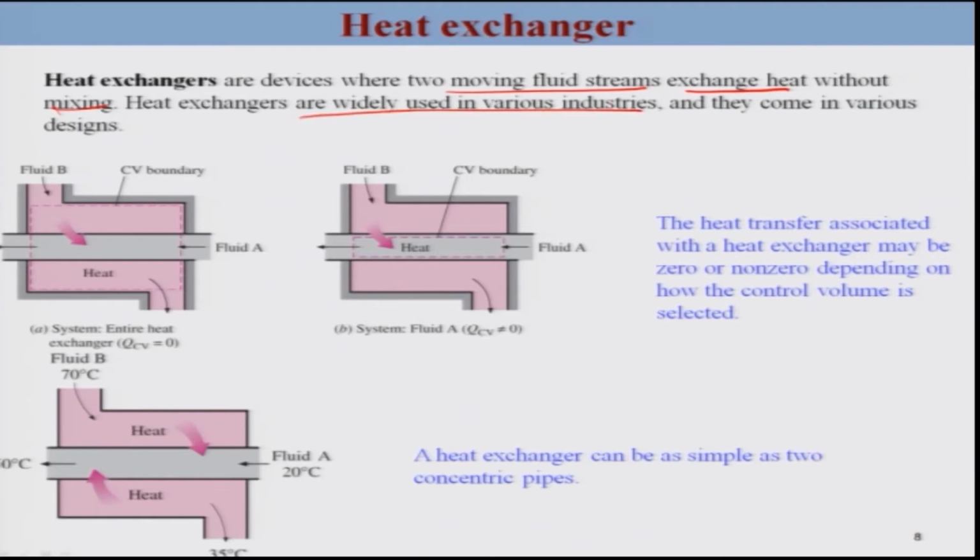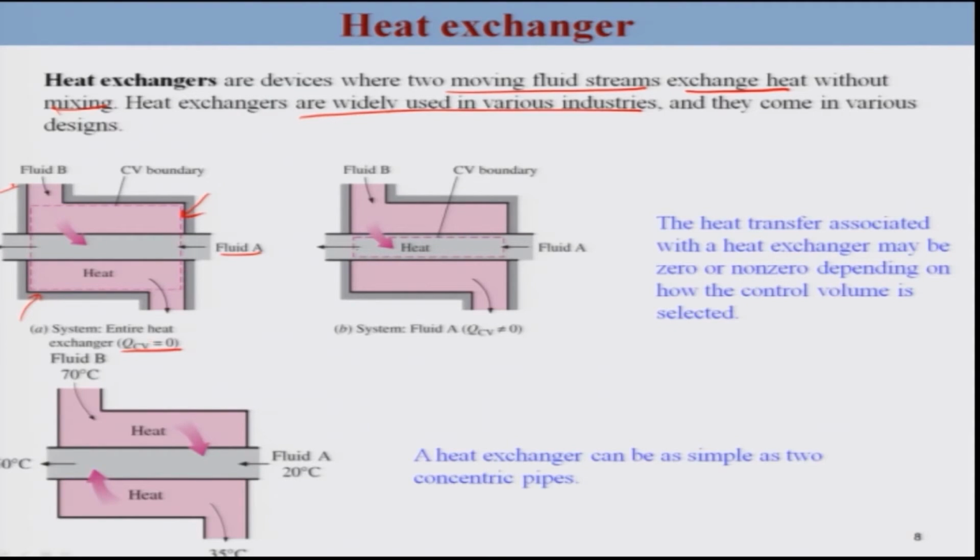So this is a simple analysis of the heat exchanger. For example, here you can see a fluid A passing through a pipe, and then you have another fluid through this control volume. If you consider the control volume as the dashed line here, there is no additional heat transfer at the boundary from the surroundings to this control volume. It happens within this control volume. Thus your overall control volume heat exchange would be 0.